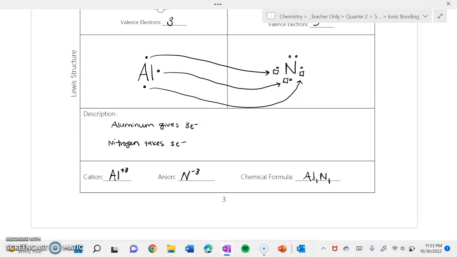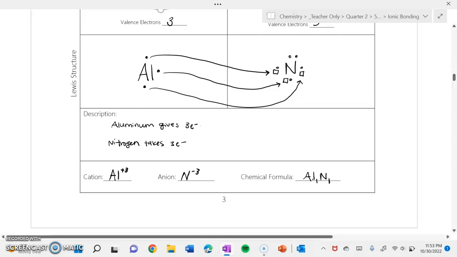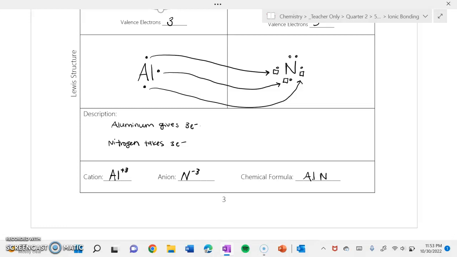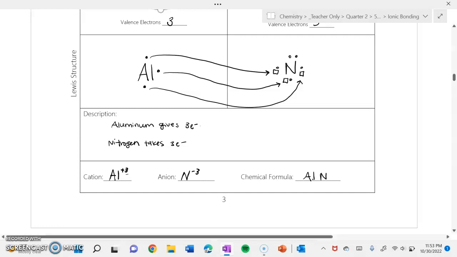I'm writing a 1 because this is our first time writing our own chemical formulas, and I want you to know subscripts tell quantity. However, 1 is implied, so we do not need to write 1s, but if I had 2 nitrogens, then I would want to write a 2 as a subscript. So just to clarify, quantity is told in a subscript, charge is shown in a superscript.